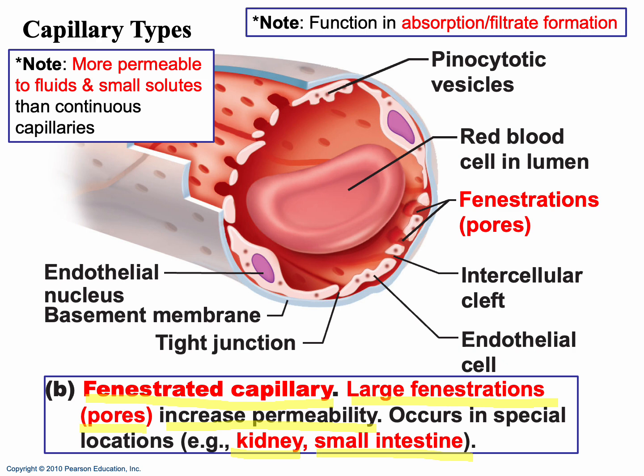If we look at the picture above, we can see the fenestrations, the pores right here. So this is a big reason why there's an increase in permeability, because of that characteristic that they have. So the fenestrations, the pores. So more permeable to fluids and small solutes.